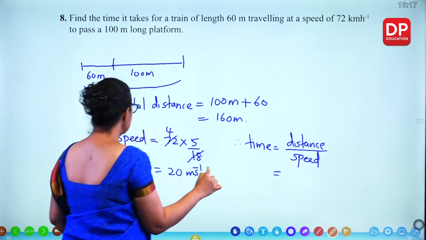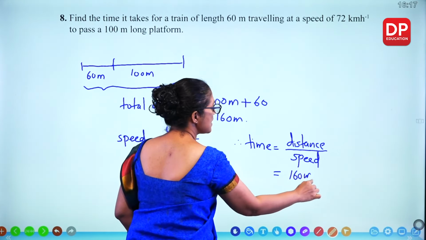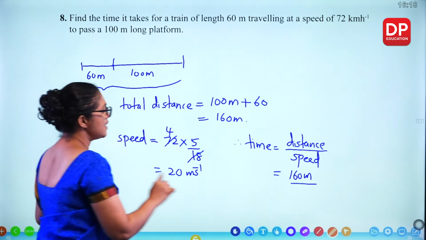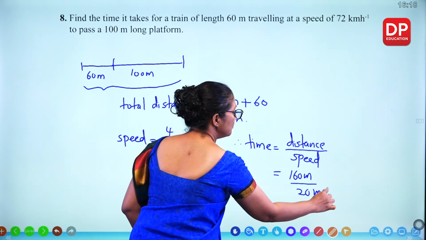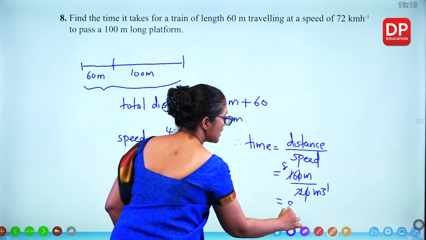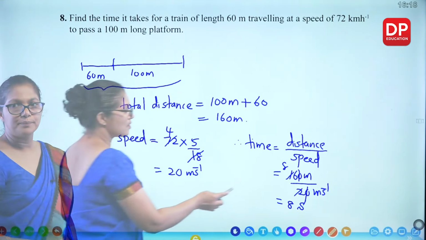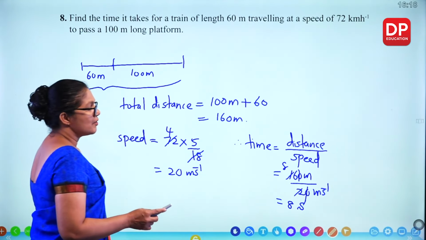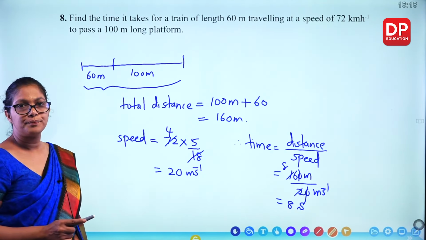Total distance is 160 meters. The speed is 20 meters per second. When you simplify, you get 8 seconds to pass the platform.